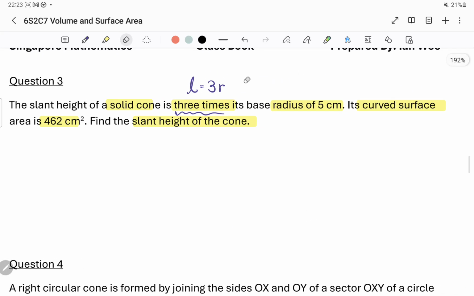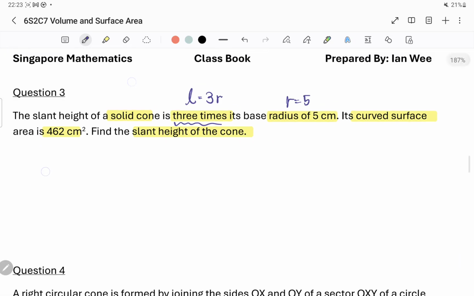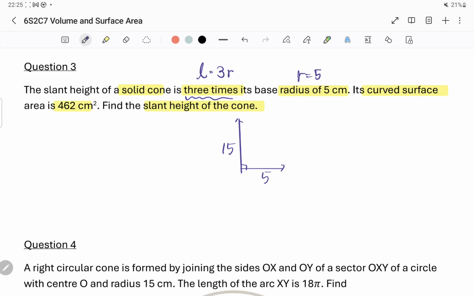Never mind, we don't put in the 5 cm. Ignore the 5 cm. Let me double confirm.